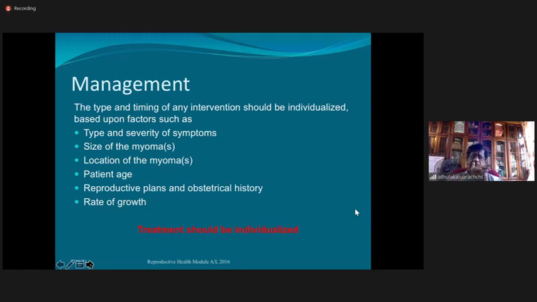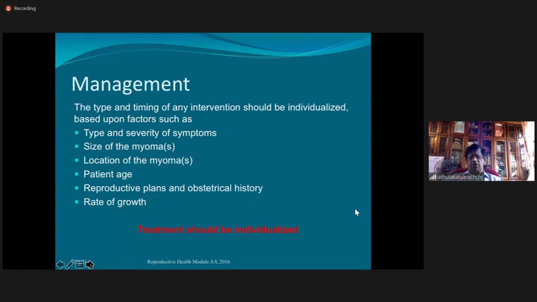And very importantly, although we said it's 0.5% chance of undergoing malignancy, we need to be vigilant about it. If you find a fibroid that is growing fast, then you have to be suspicious. So the rate of growth of the fibroid is also very important.